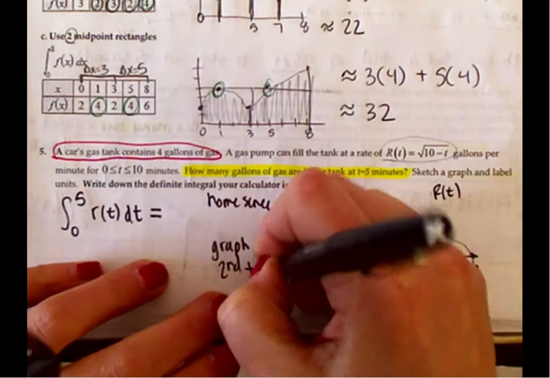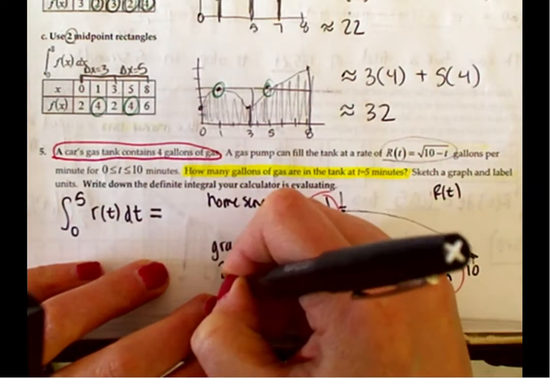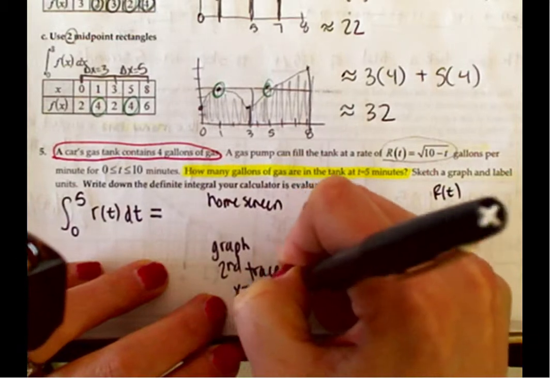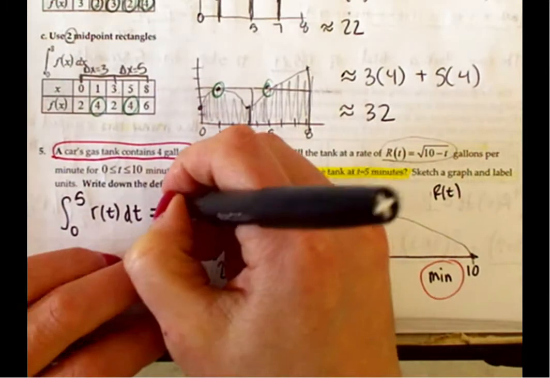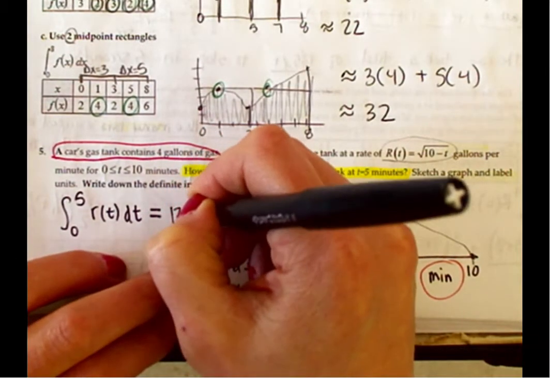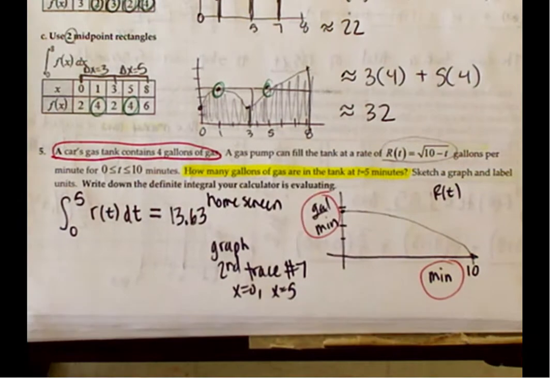Second trace number 7. 0, 5. And I end up with 13 point, I'm going to say 63. But we haven't actually answered the question yet. I just found the definite integral.